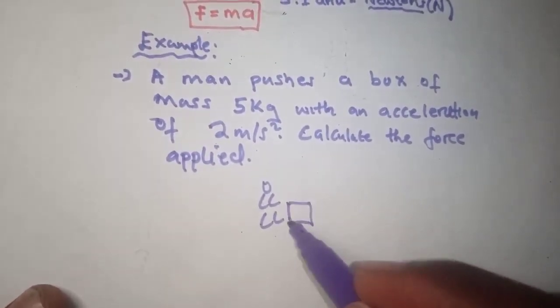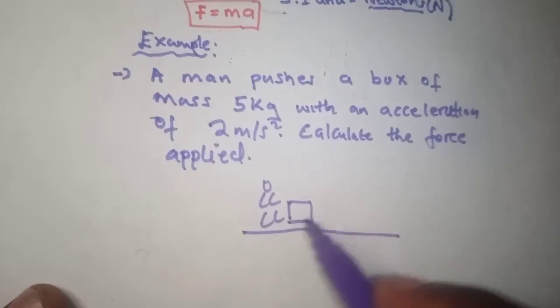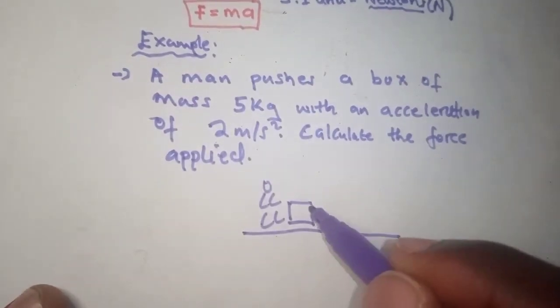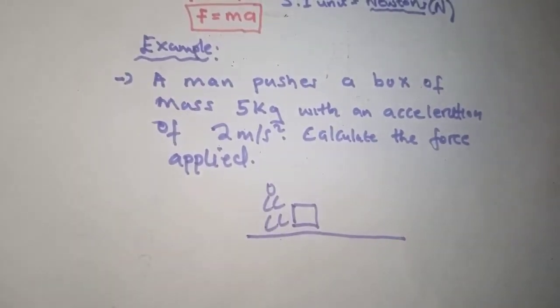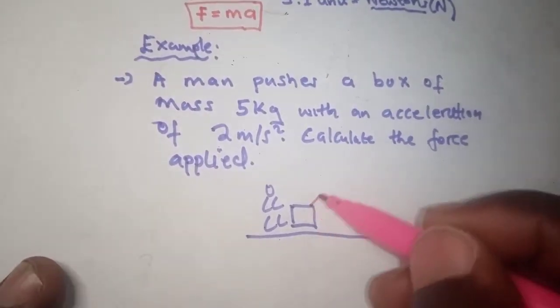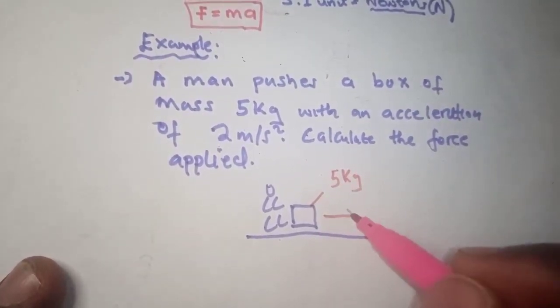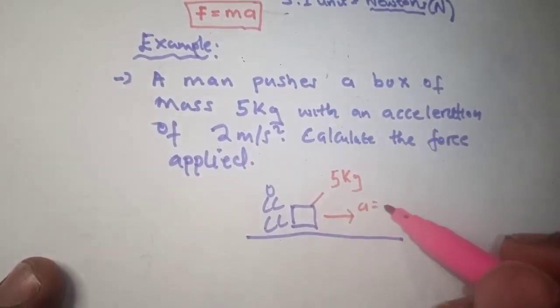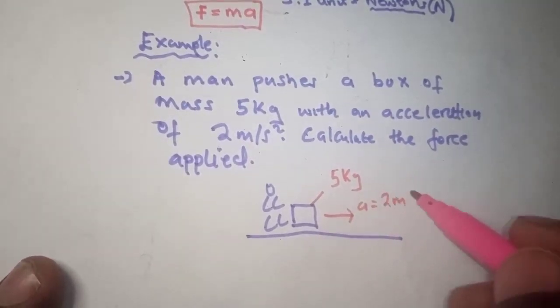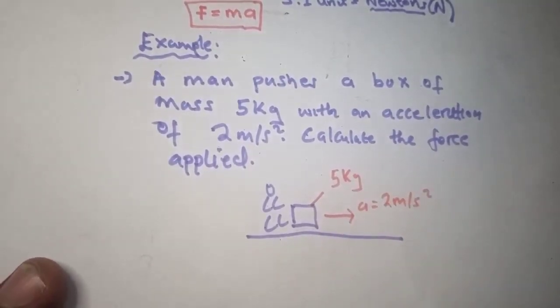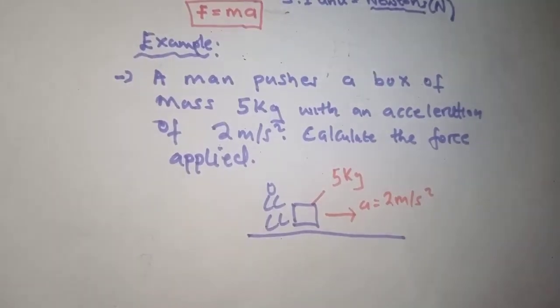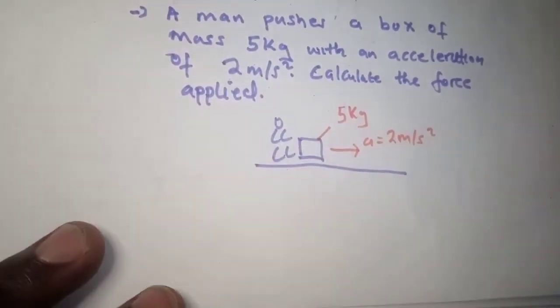We're told the box is 5 kg and moves in this direction with an acceleration of 2 meters per second squared.